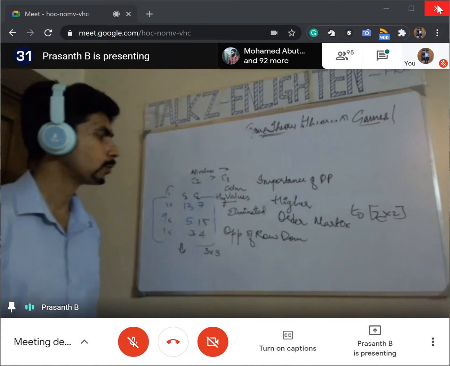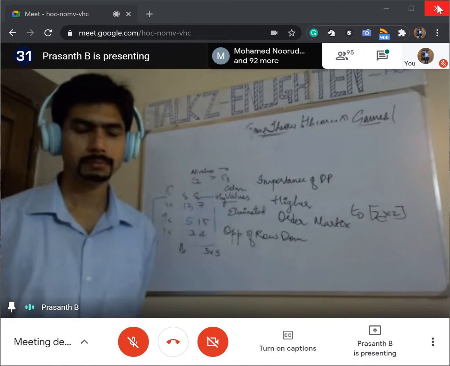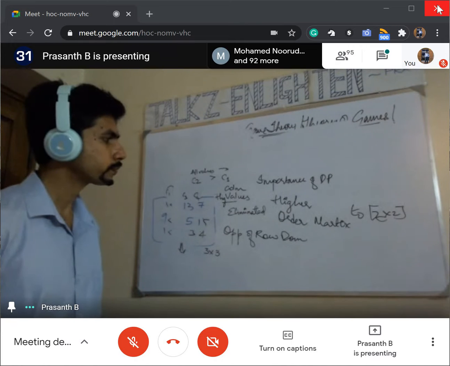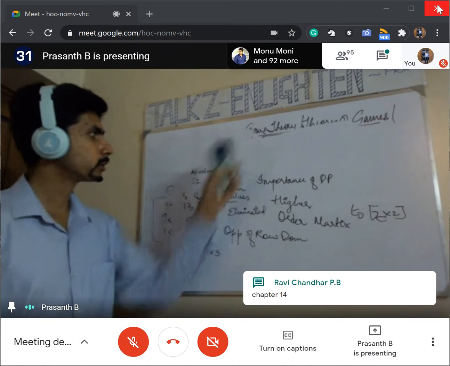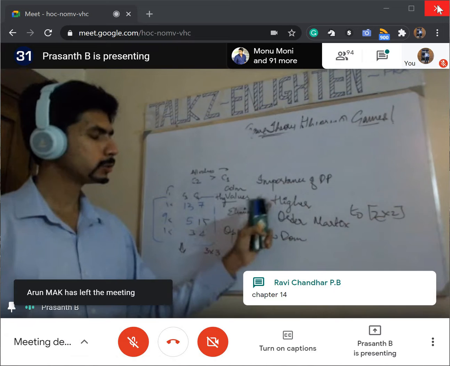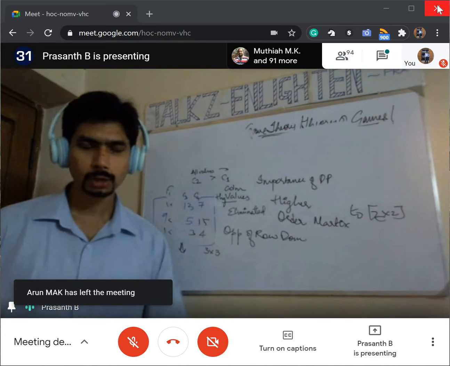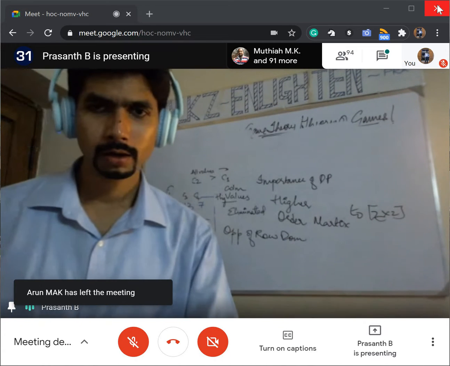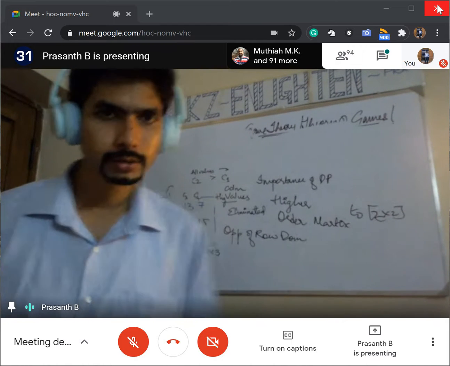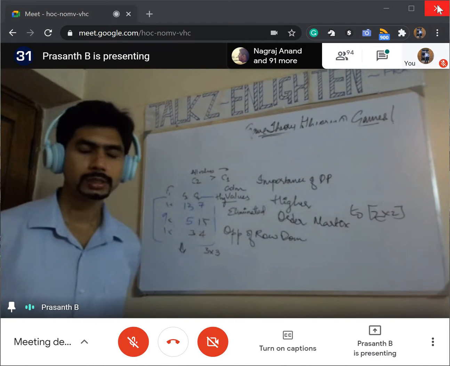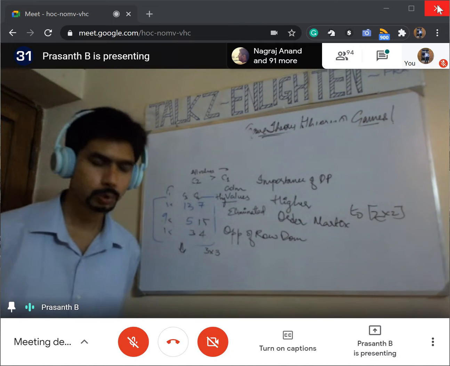Right. So what I'm trying to say here is very simple. The dominance property is basically used to reduce the higher order matrix into a 2 cross 2 matrix. This is how we reduce the higher order matrix into a 2 cross 2 matrix.